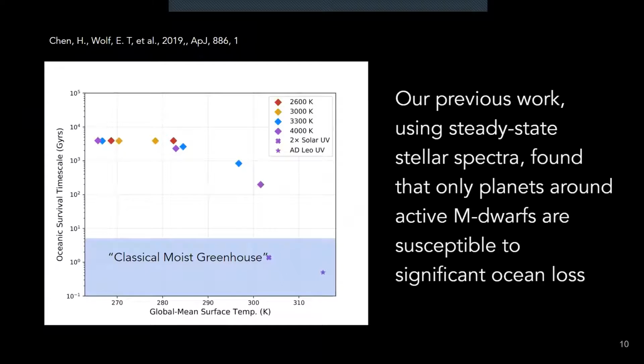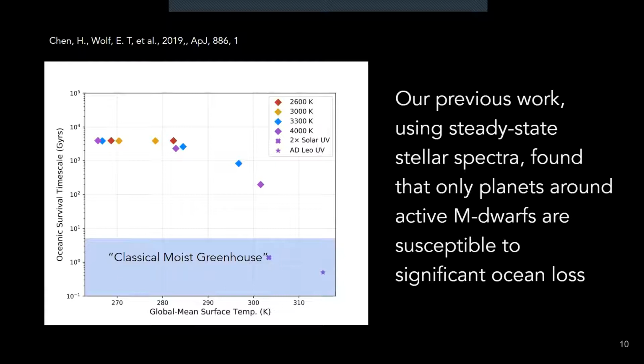Our previous work exploring inner edge habitable zone planets around a range of M-dwarfs found that only planets around active M-dwarfs in the UV can be pushed into the moist greenhouse regime as defined by the Kasting 1988 paper.